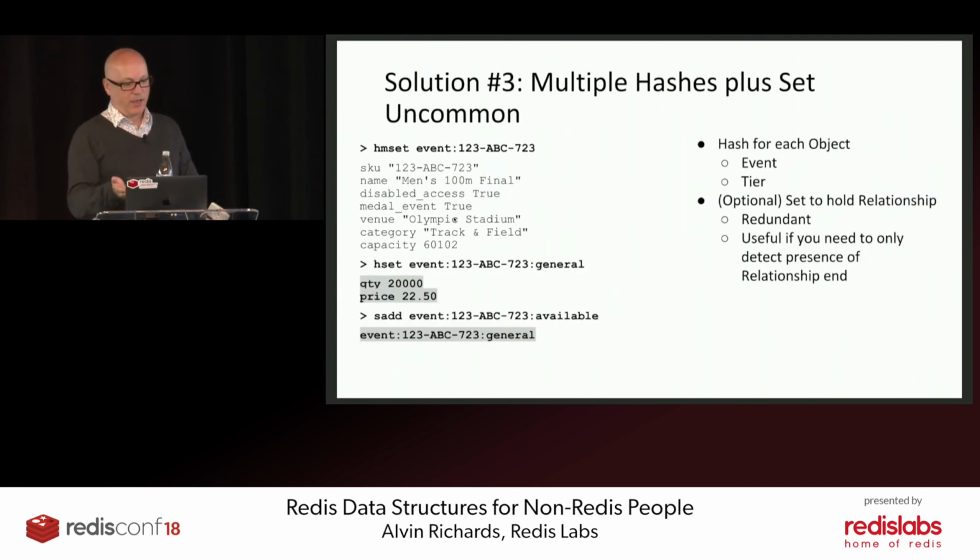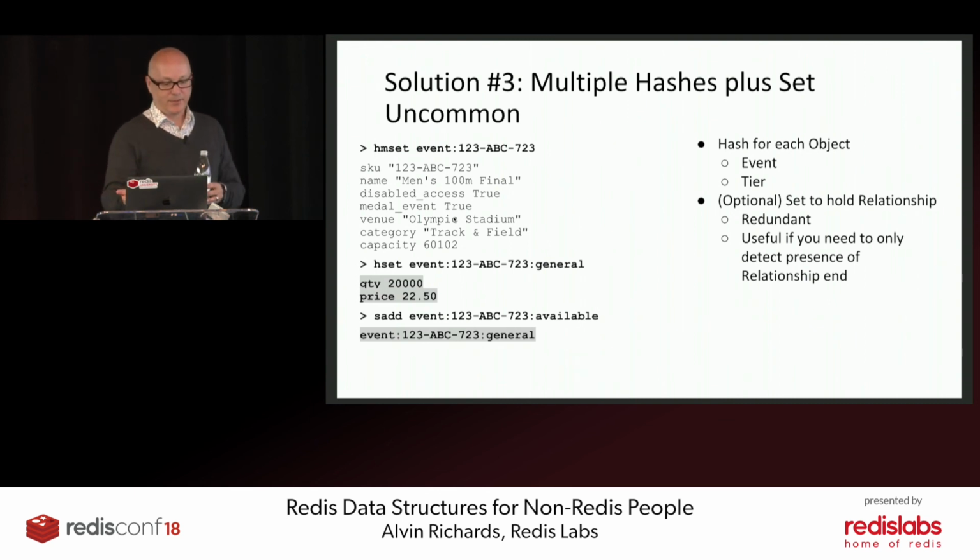A normalized version of this would be you create a hash for each one of those objects. And then you can create a set to store the relationship ends. So as you can see here, we've got the event with all of those first level attributes. We then create a hash for the general ticket tier with the quantity and price. And then we add a set where we add in that particular relationship end to that set.